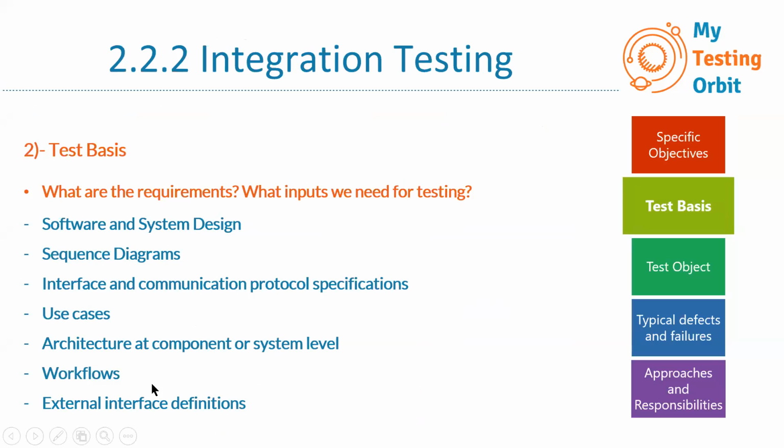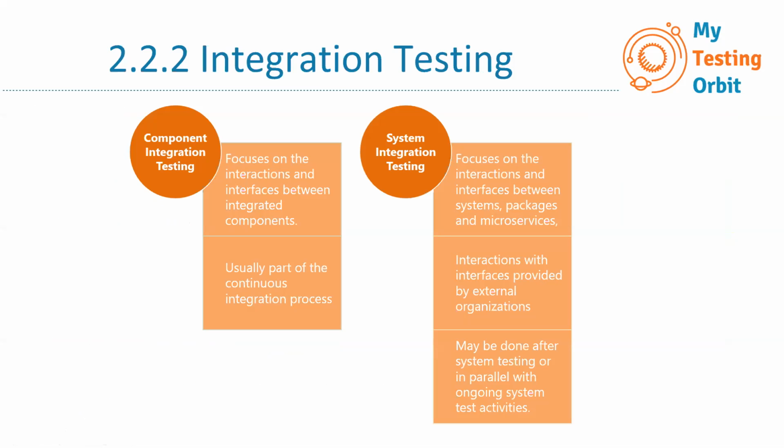Okay, the last one in test basis is external interface definitions. This one applies if we have something like an externally built system. For example, we covered over here that in some cases we can have a few interfaces which are provided by an external organization.